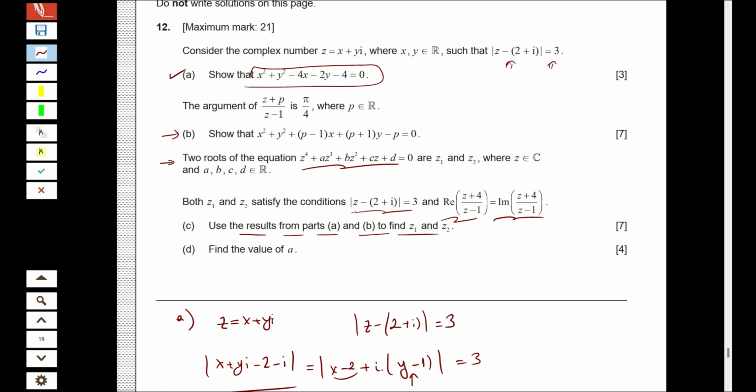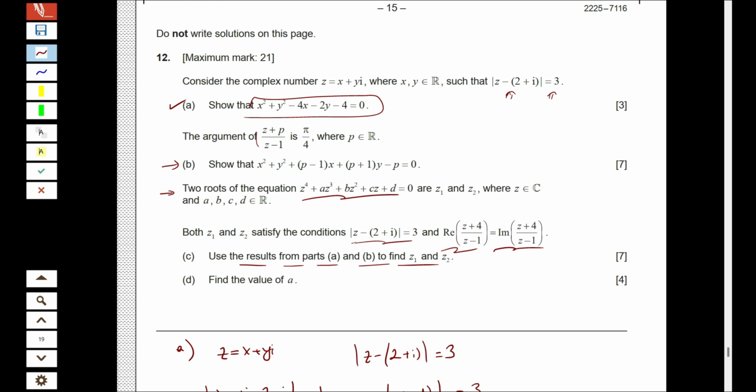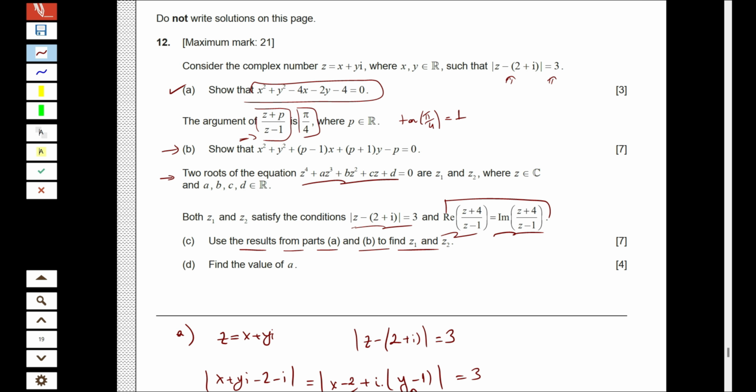In question B, we found that, for example, the argument of this expression is pi over 4, which means tangent pi over 4 equals 1, and it also gives us that the real part and the imaginary part of this complex number equal each other. As you can see in the question, it's already given. So we can apply this rule which we used in question A in this question too.